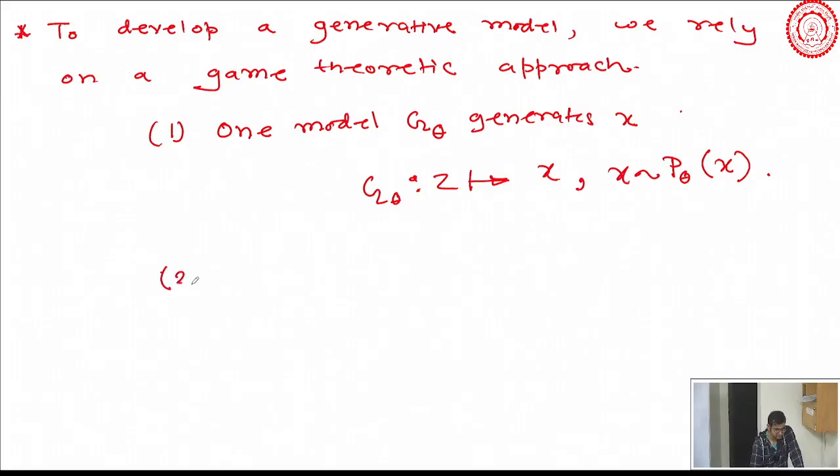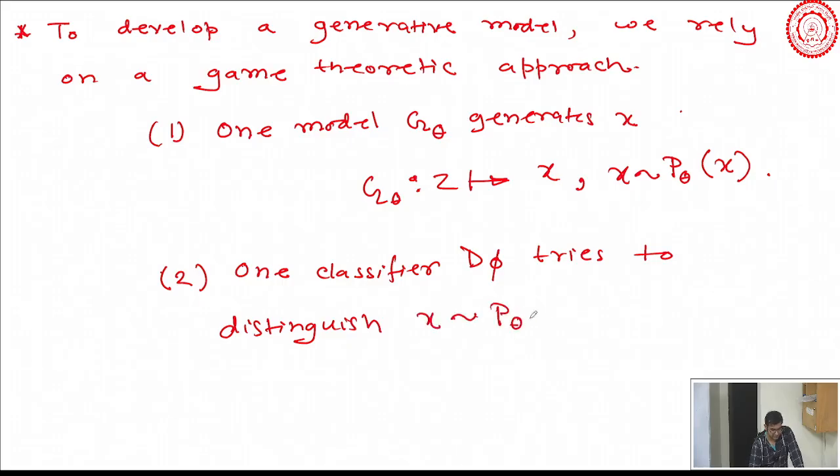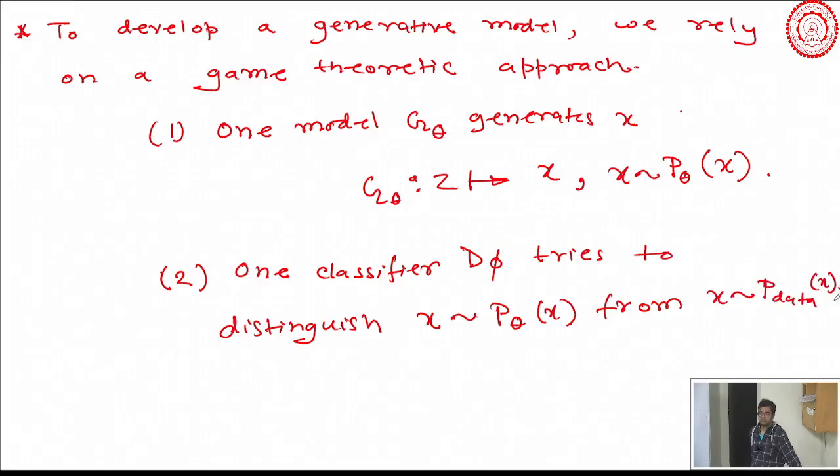The other one is a classifier, D of phi, which tries to distinguish X from P theta of X from X from P data of X. What is P data?